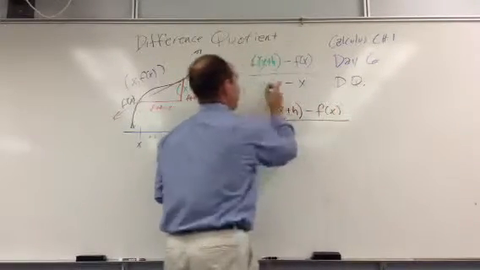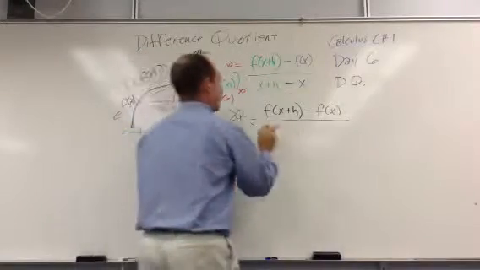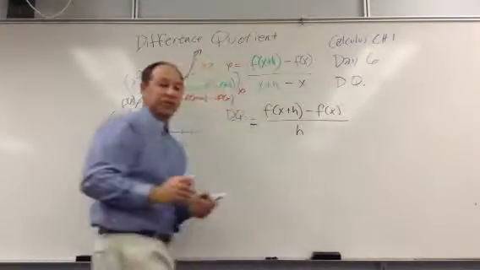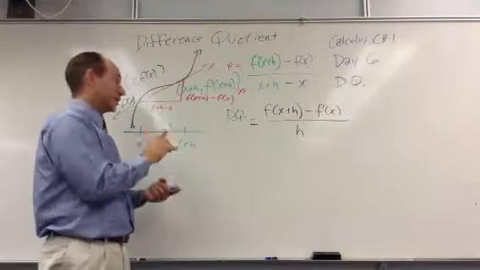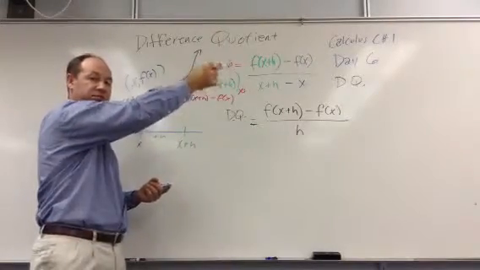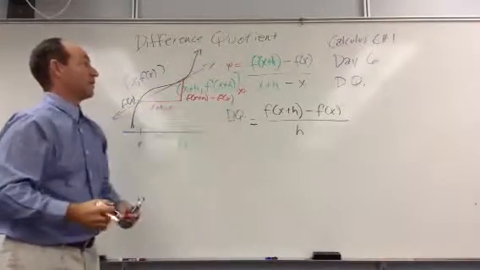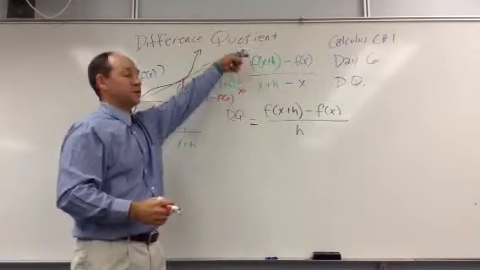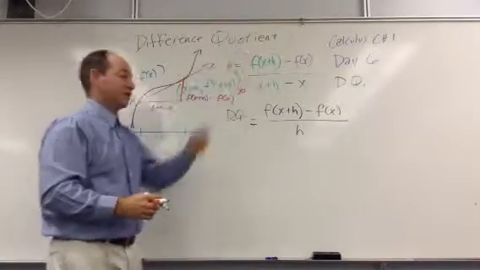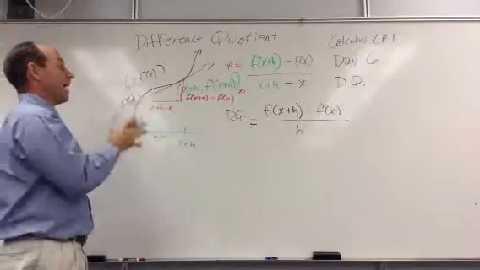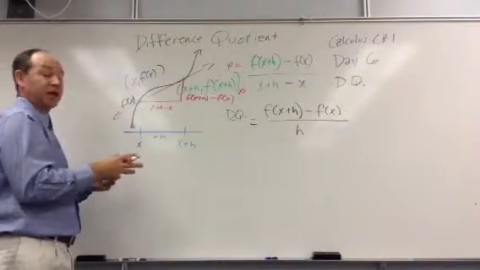Now some people should be clamoring here, x plus h minus x will just be h every time, because those will cancel out, and we have this. But I like to show it right away that it's just the rise over the run, and that is the difference of those two things. So that is what the difference quotient is, and that's where it comes from.